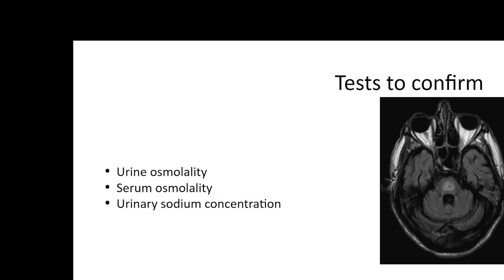To confirm the diagnosis of hyponatremia, you may examine the urinary osmolarity, serum osmolarity, or urinary sodium concentration, or maybe a CT scan, where there could be demyelination syndromes. The brain may show demyelination syndromes, particularly in long existing hyponatremia.